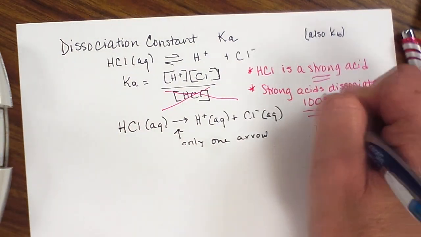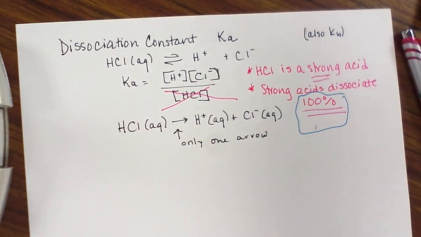And this comes up all the time because if you're doing a pH, you have to calculate the concentration of the H+, but you don't have to calculate it for strong acids. It's the same as your initial concentration. So we only have to calculate them for weak acids.